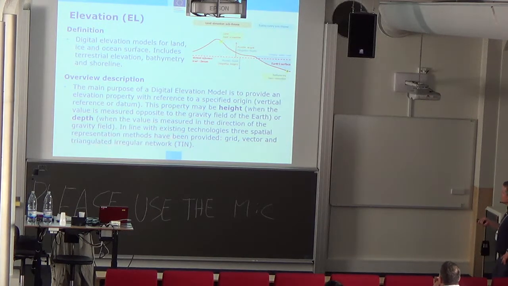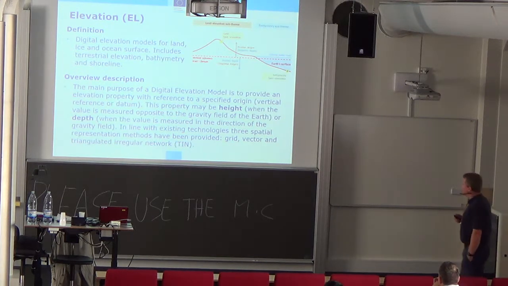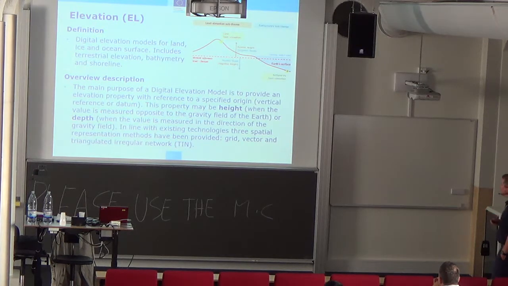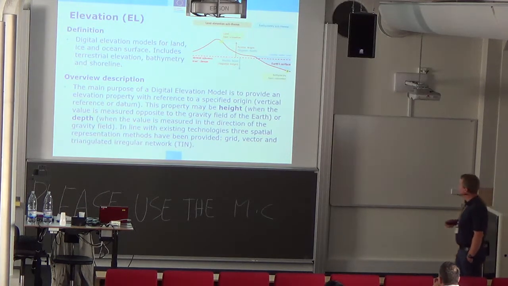And then there is also an overview description that the main purpose of a digital elevation model is to provide an elevation property with reference to a specified origin, which is a vertical reference or datum, and the property may be height, of course, when the value is measured opposite to the gravity field of the Earth, or it can be depth when the value is measured in the direction of the gravity field.